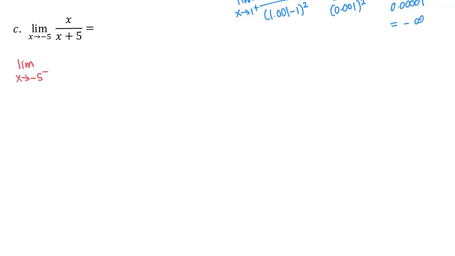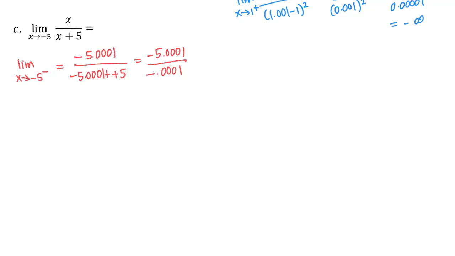So if I do negative 5 from the negative, let's see, I'm going to have negative 5.0001 over negative 5.0001 plus 5, so negative 5 point something over, and that's a positive 5, just kidding.